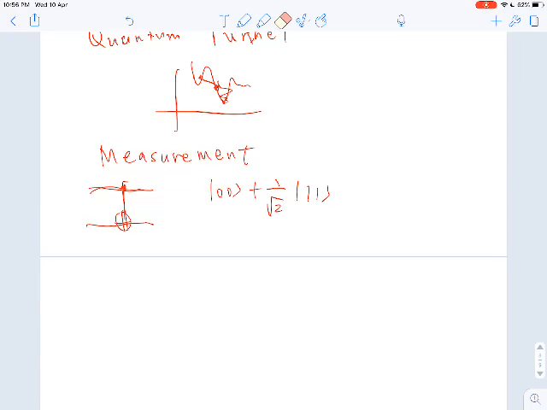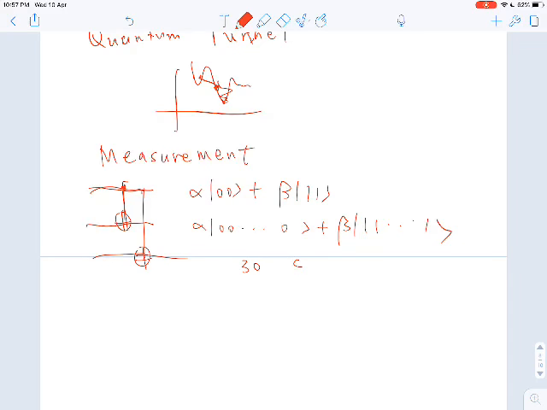Even more generally, it's alpha, beta here, and we use more and more controlled NOT gates to generate a longer and longer quantum entanglement state, even to 30 or 40 qubits.